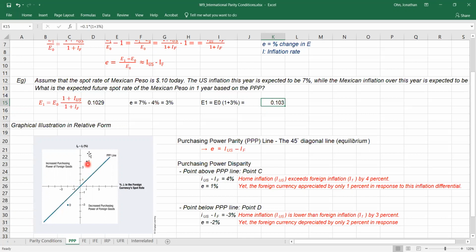However, let's look at C. C is above this PPP line. Point C: the relative inflation is 4%, but the percentage change in exchange rate is 1%.